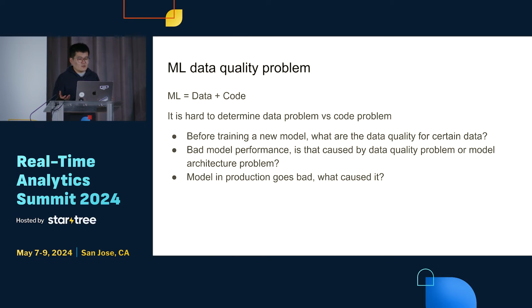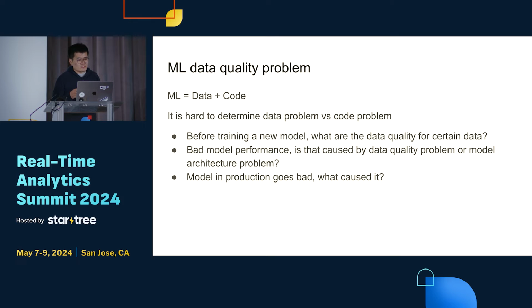Before using it, I need to know the quality of the data, and whether it fits my assumptions for the data distribution, etc. The second question is, I train a model, but somehow my model performance is bad. I realize my prediction is way off from the actual price. Then the next question is whether I chose the wrong model architecture, or whether the data itself has a quality problem. You are relying on some features, but the data quality is bad.